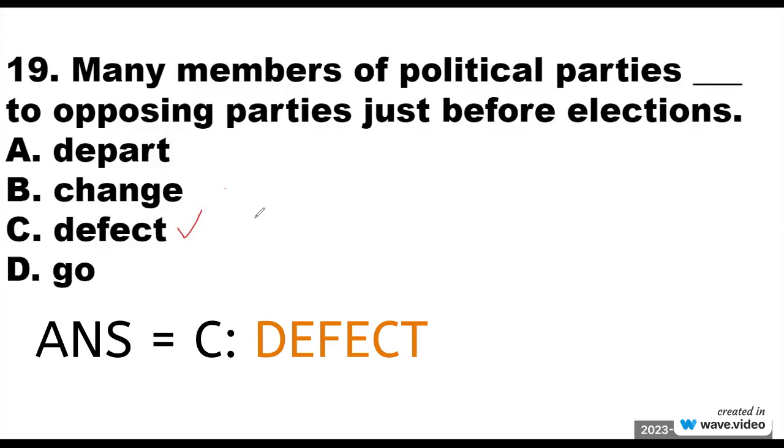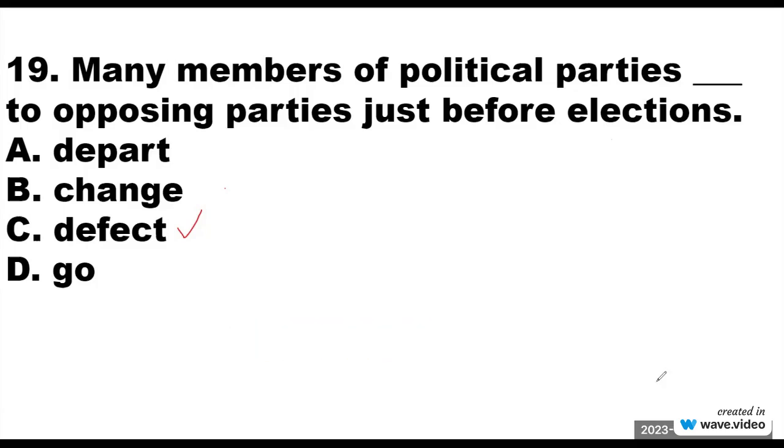When you defect, you can defect to another country when you leave your country and move to another country, but you can also defect to another political party when you leave your current political party and move into another party. You have defected. So many members of political parties defect to opposing parties just before elections. Okay, so that's the correct option.